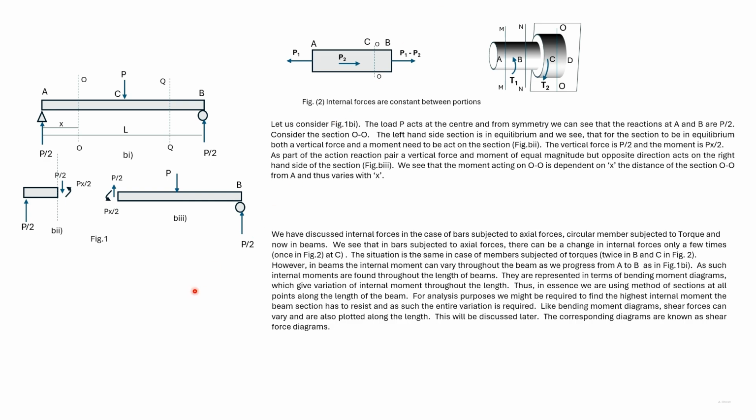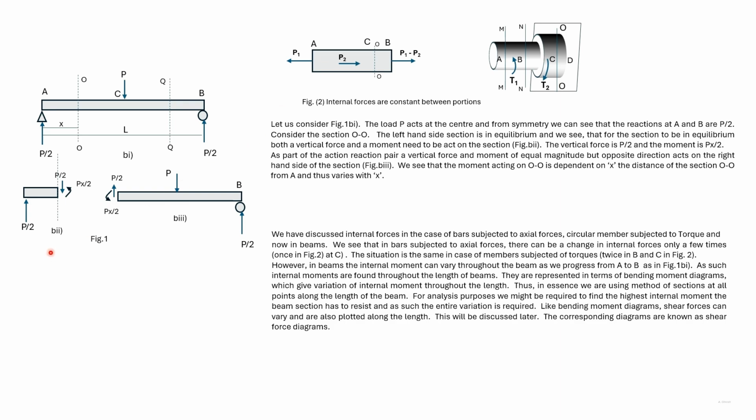The internal forces in case of bending moment are therefore represented in what are called bending moment diagrams, where the internal moment is given for the whole beam from A to B. This is different from torque or axial force. In effect, we are applying the method of sections to all parts of the beam from A to B.